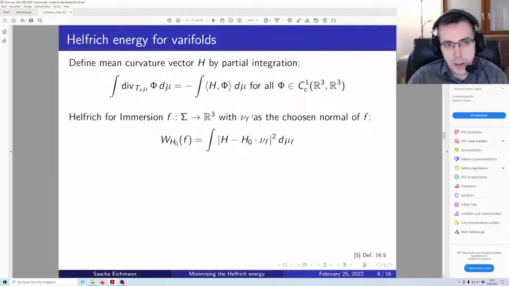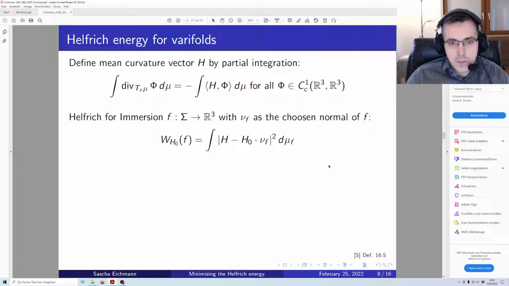Okay, now we have a mean curvature. Very good, we can work with that. Now we wanted to define what the Helfrich energy for this actually is. Let's take a closer look at the Helfrich energy for immersions to work out the details correctly. For immersions, it was like this. We have a given mean curvature vector minus our parameter, which is called spontaneous curvature, times the normal.